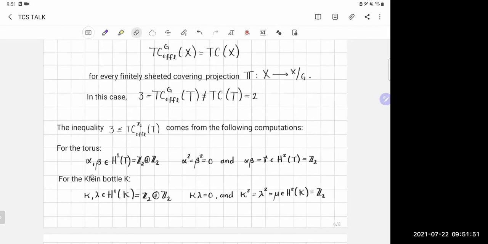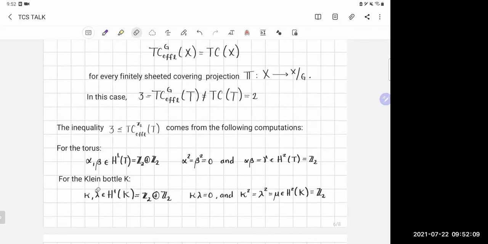In the case of the Klein bottle, we have two generators again in the first group of cohomology, kappa and lambda. The first group is C2 plus C2, subject to the following relations.